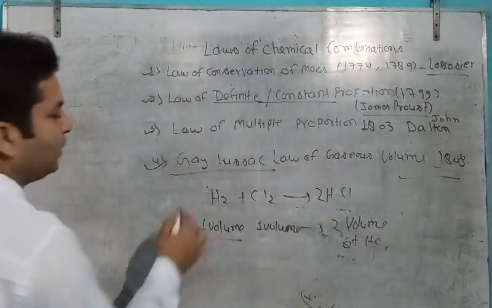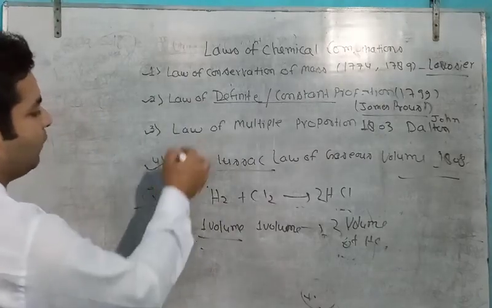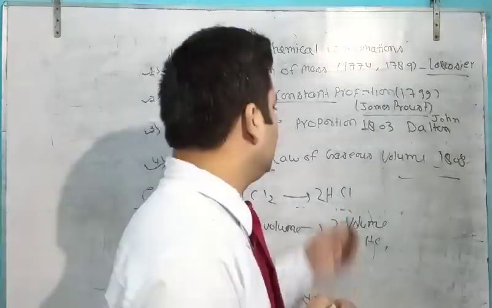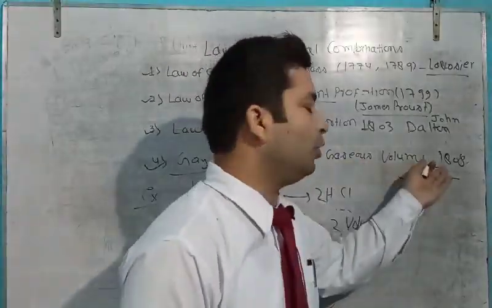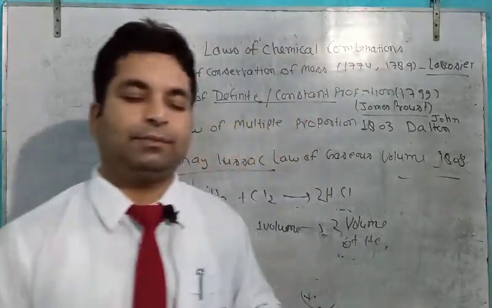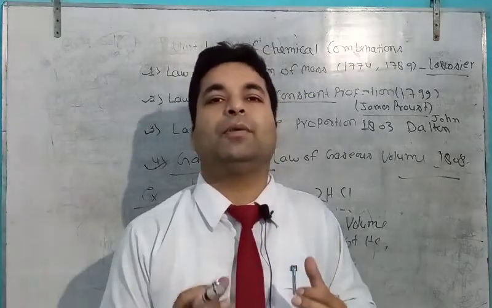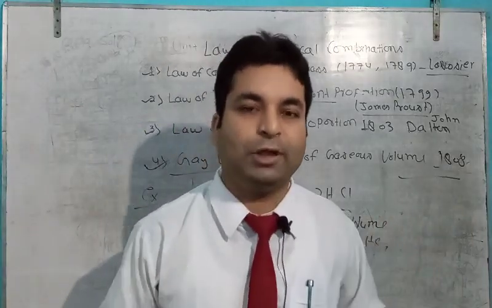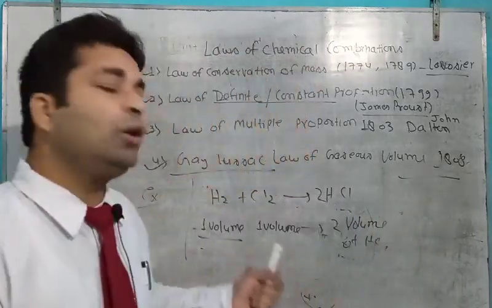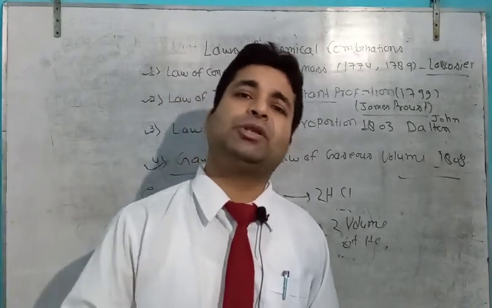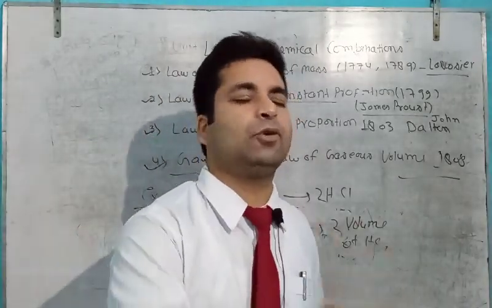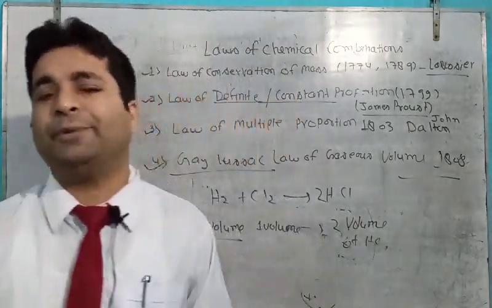So this is the example of Gay-Lussac's law of gaseous volumes. He said that gases react in simple ratios by volume. Equal volumes at the same temperature and pressure have the same number of atoms or molecules. This law was given by Avogadro.